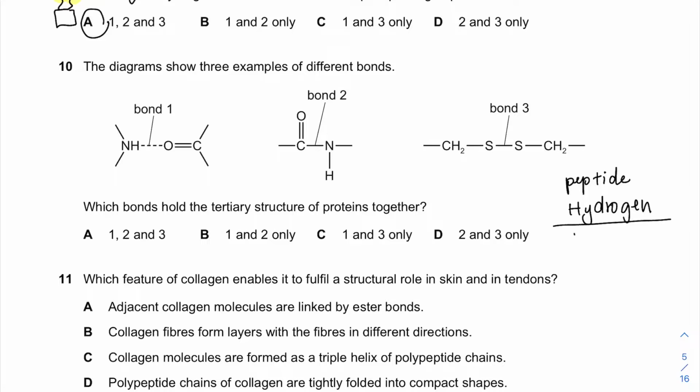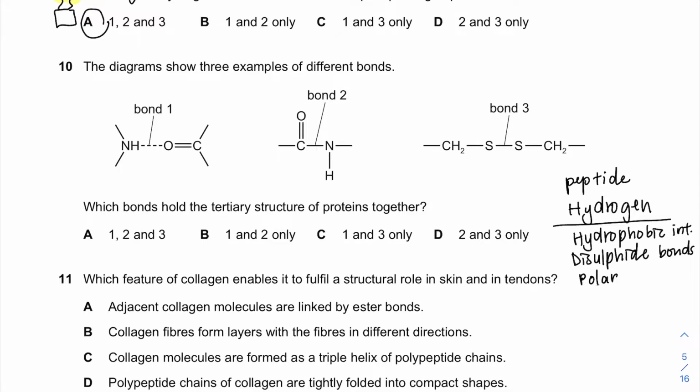So you would have the hydrophobic interactions, the disulfide bond between sulfurs, and also the polar bond between R groups of opposite charges. So to hold the tertiary structure of the protein, yes, this is definitely correct.